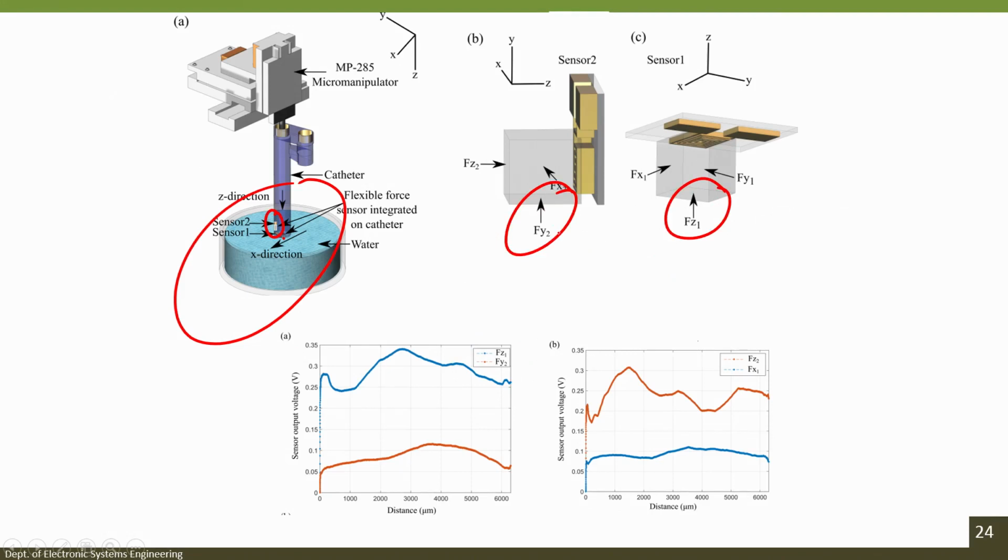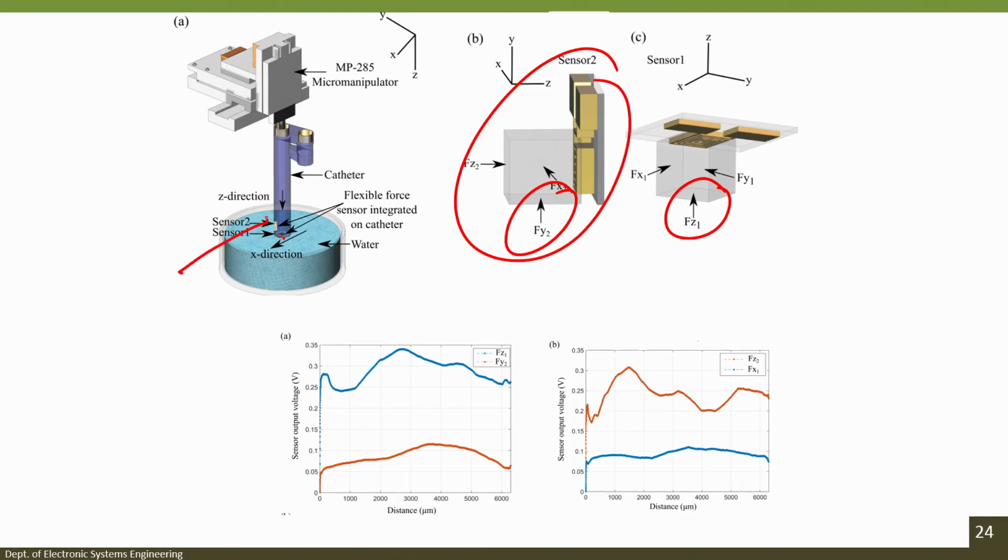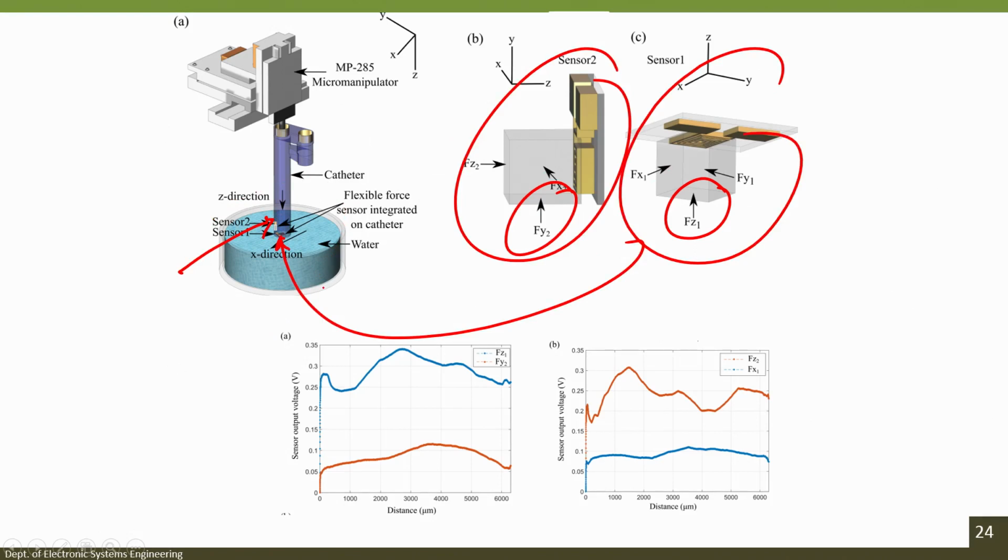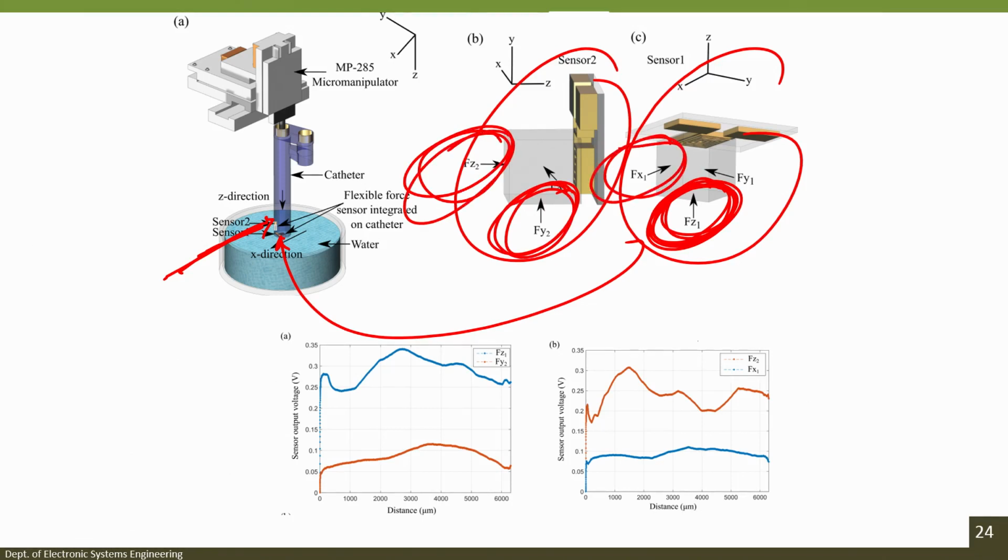You can see here, this sensor is connected on the side, this sensor is connected at the bottom. So, when I am applying FZ1, this force is acting on the FZ1 surface, and for sensor 2, which is on the side, I will have force on FY2. When I have force on FZ2, which is right over here, I will have corresponding force at FX1.